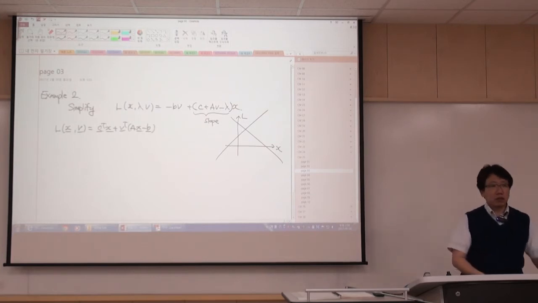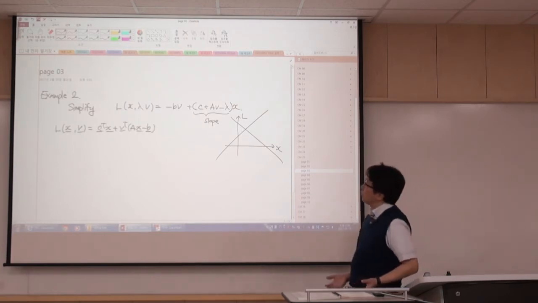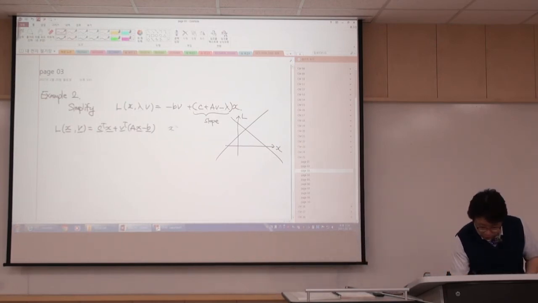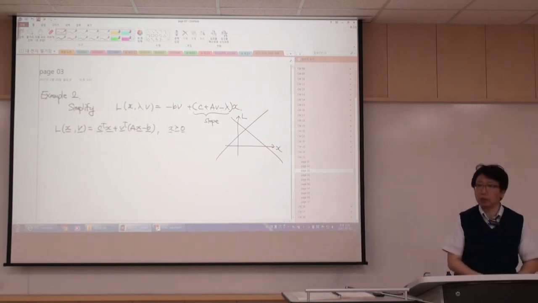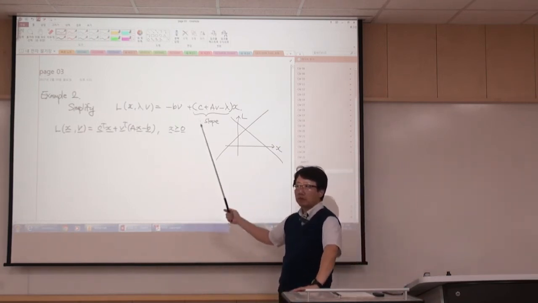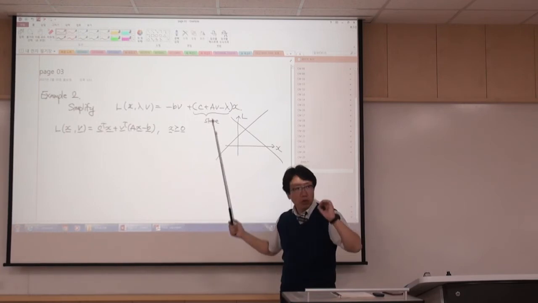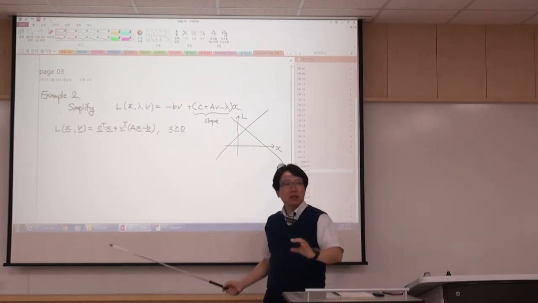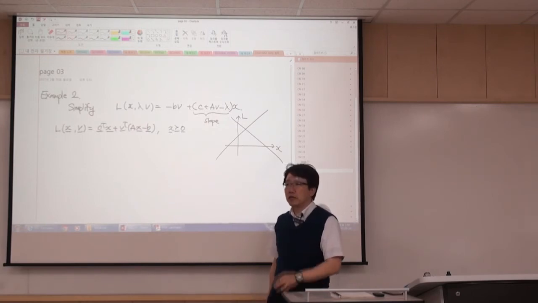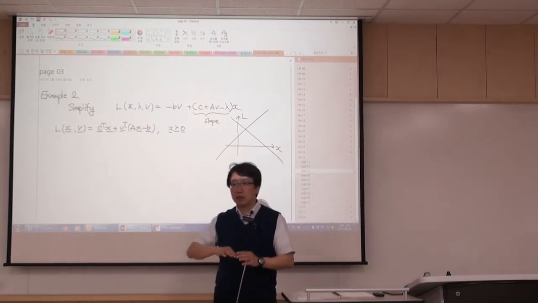But here, instead of introducing lambda, you just say that x is greater than or equal to 0, as our original primal problem requires. No problem, actually. As I told you, Lagrangian and Lagrangian dual function are not uniquely defined. It's just for your convenience.